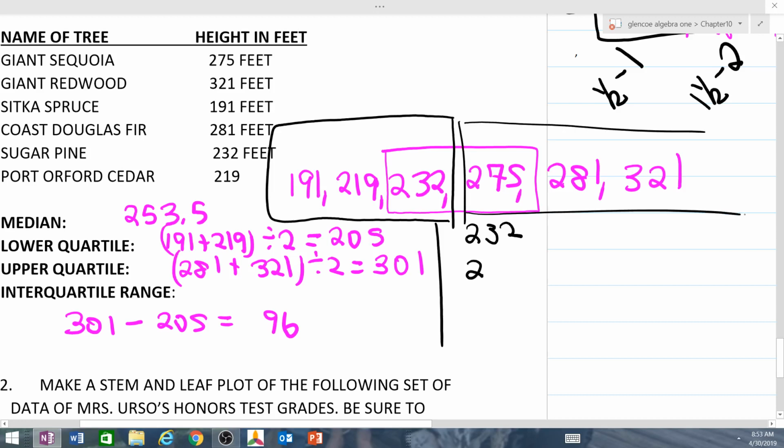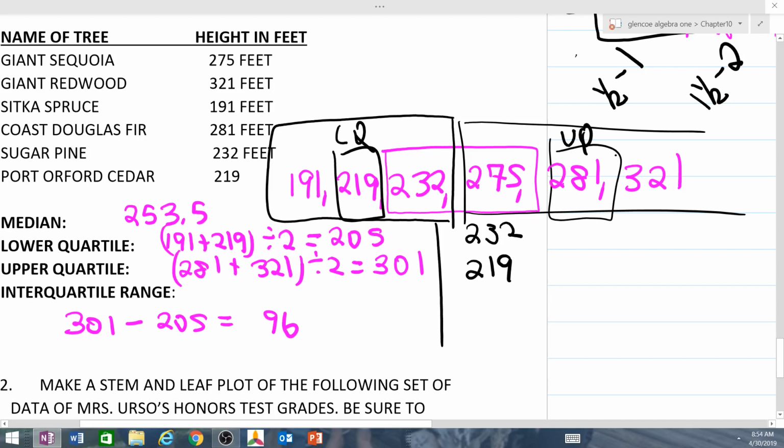No. An upper. Yes, what did I say? I'm so sorry. 219. I meant 219. I apologize. 219 right here is the lower quartile, and the upper quartile would be what? 281.